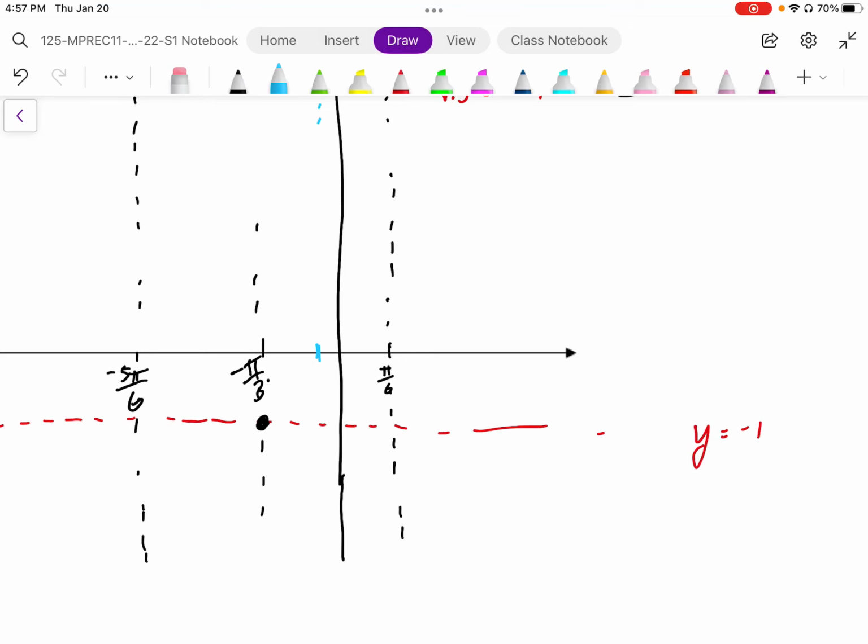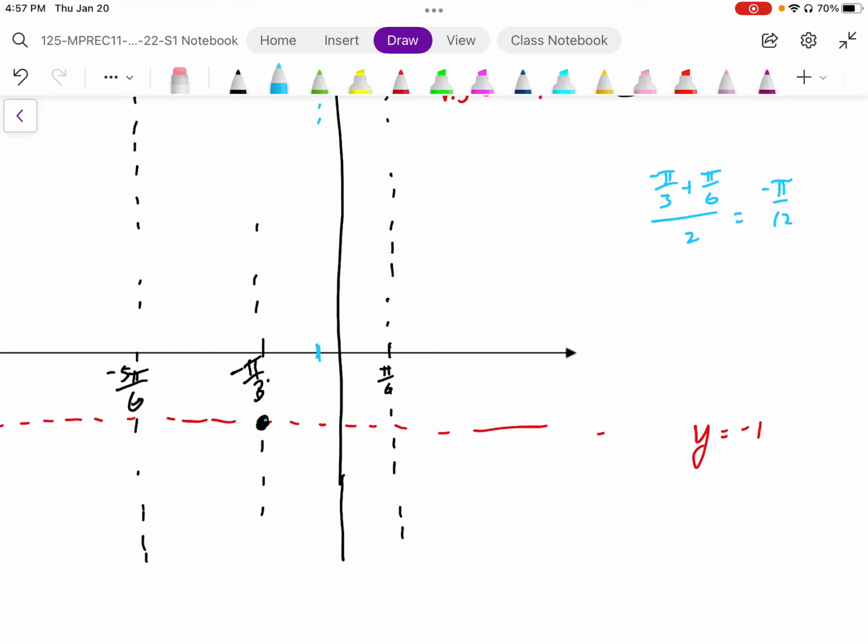To find the middle, I'm going to do negative pi over 3 plus pi over 6, and I'm going to divide it by 2. Middle is average. So that's going to be negative 2 pi over 6 plus pi over 6. That's negative pi over 6 divided by 2 gives me negative pi over 12. And that's going to represent the middle point.